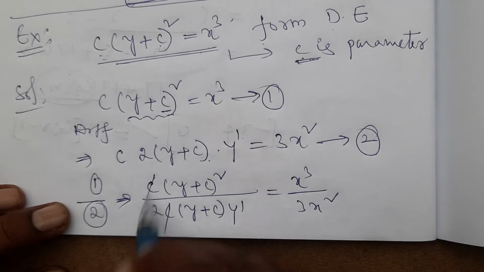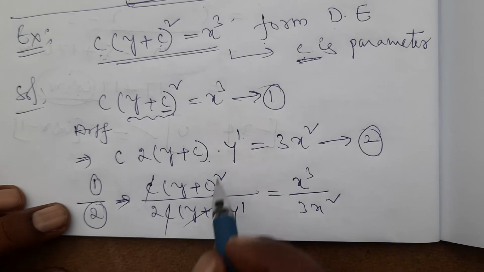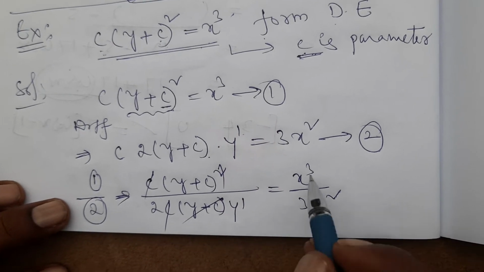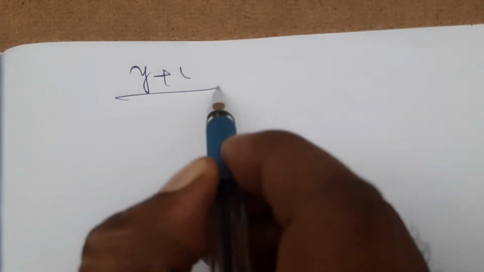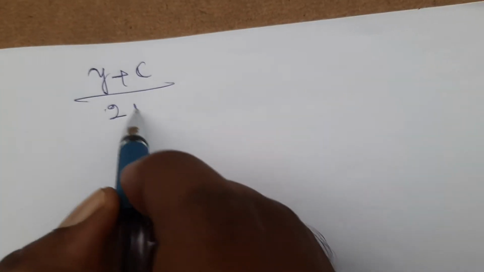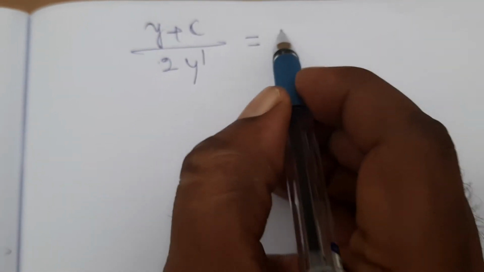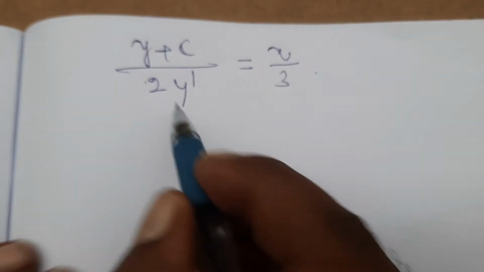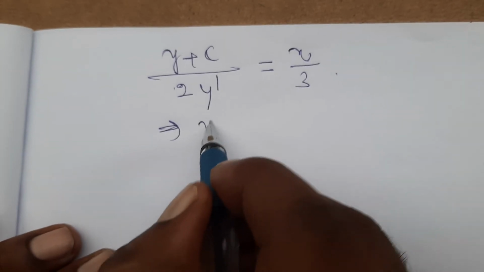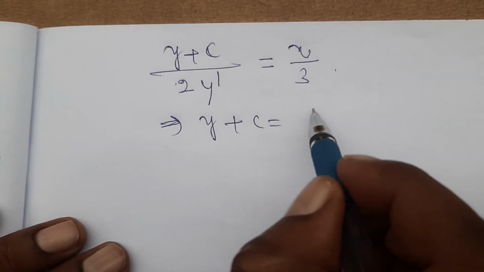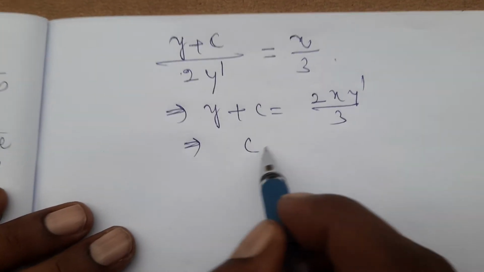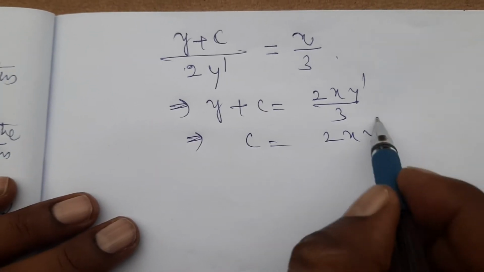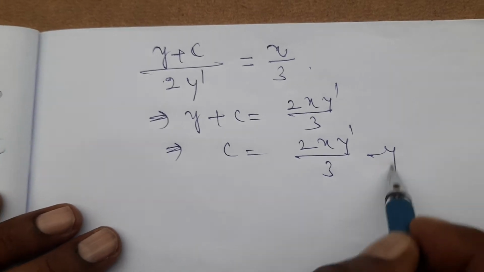C cancels, y plus c cancels, and x square cancels. Then you will get y plus c by 2y dash equals x by 3. From this, y plus c equals 2x y dash by 3. From this, c equals 2x y dash by 3 minus y.